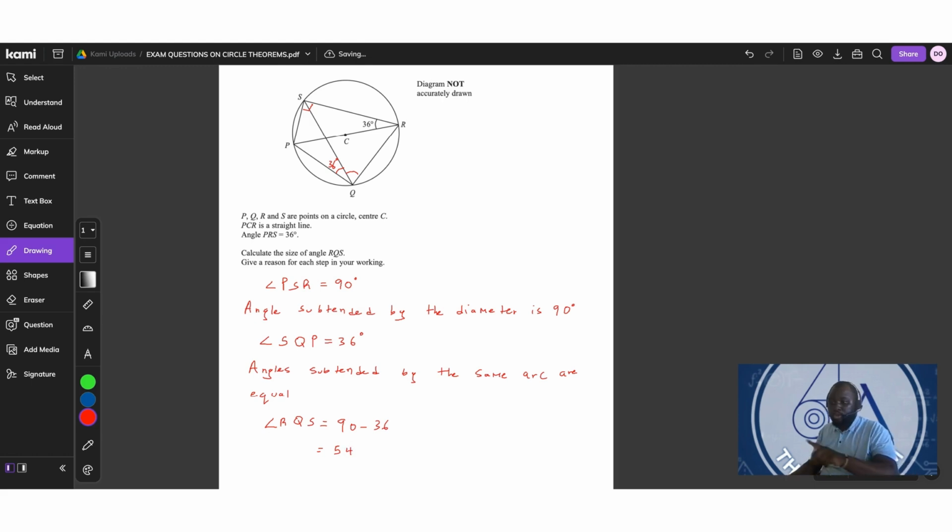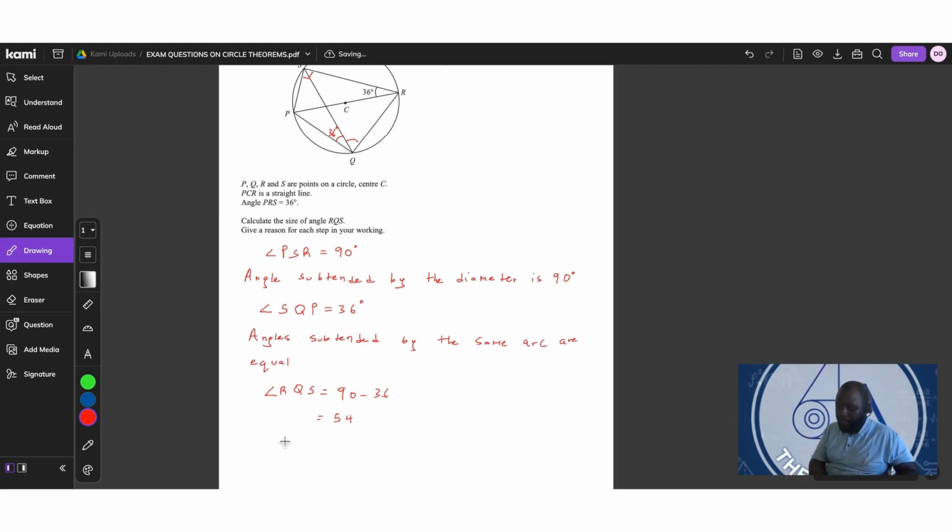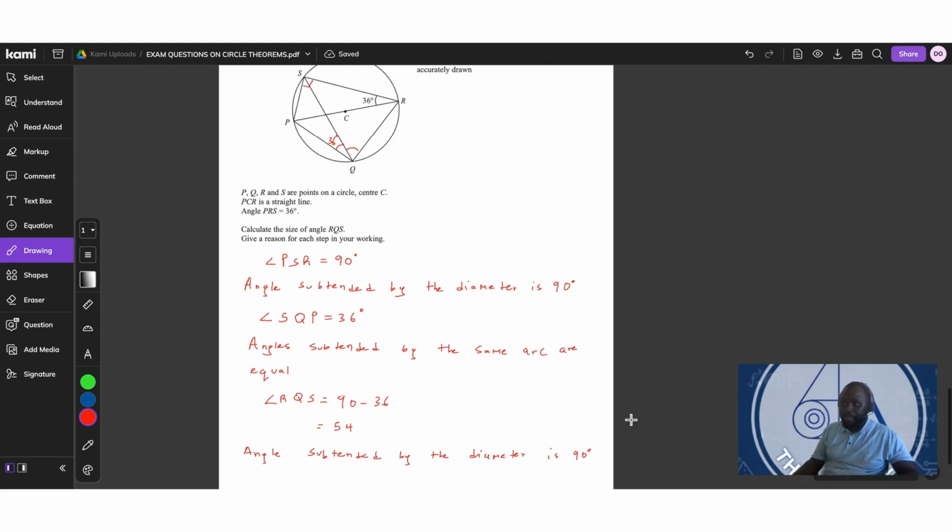And the reason, we're going to give the first reason we gave, that angles subtended by the diameter is 90 degrees. And even if I would have gone with angles in a quadrilateral, opposite angles in a quadrilateral add up to 180, it would still work.